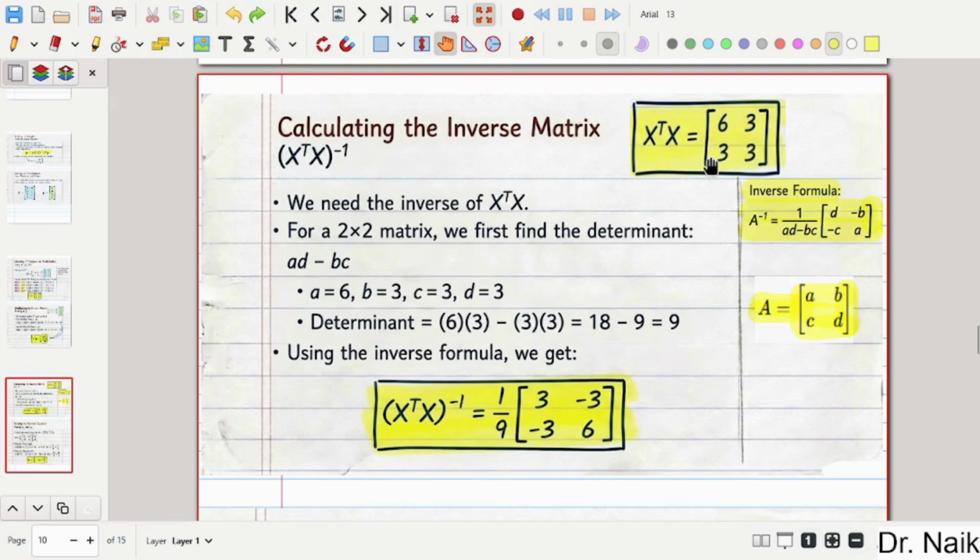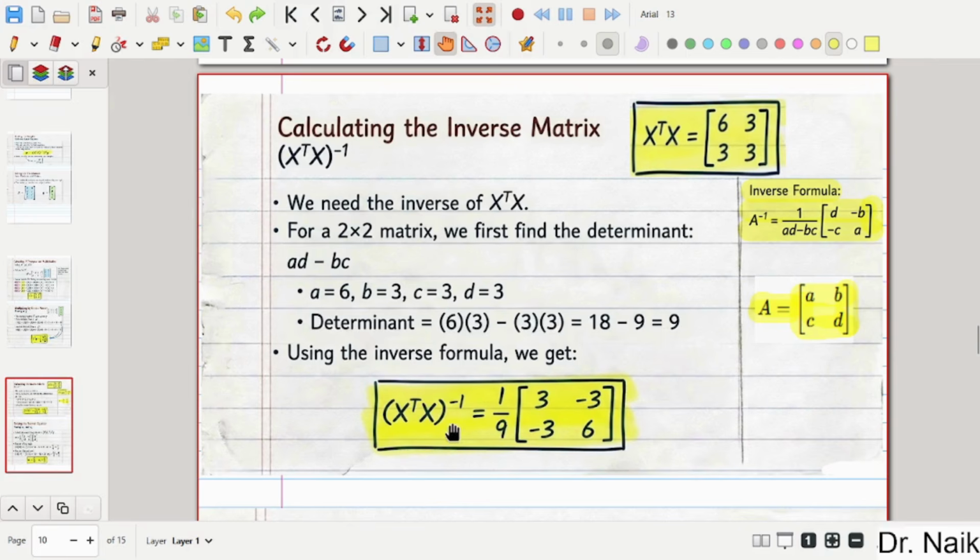So in our X transpose X, A is 6, B is 3, C is 3, D is 3. So AD minus BC is 6 into 3 minus 3 into 3. 6 into 3 is 18 and 3 into 3 is 9. So 18 minus 9 is 9.